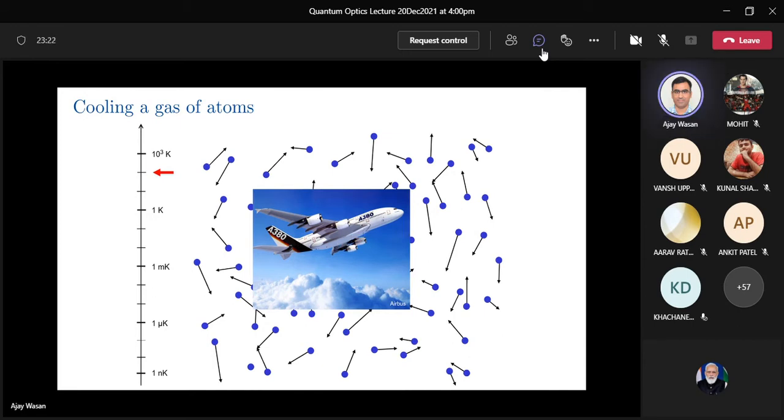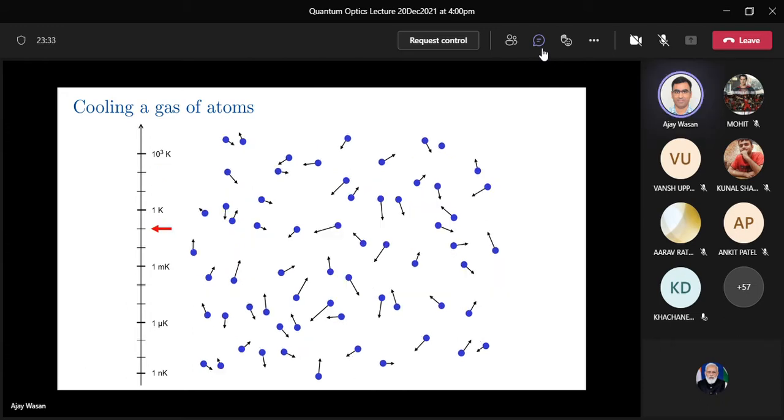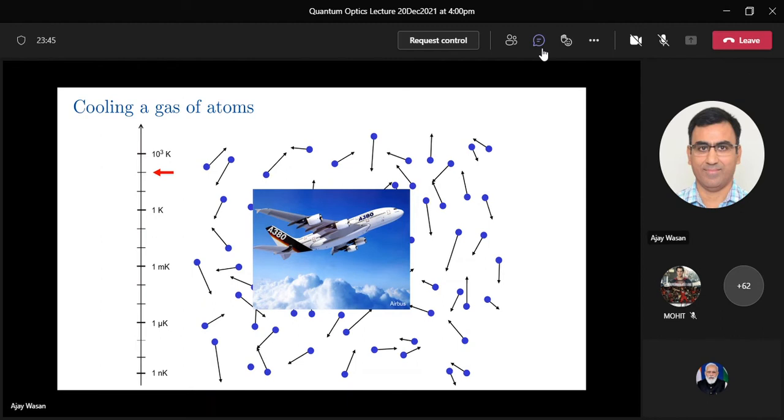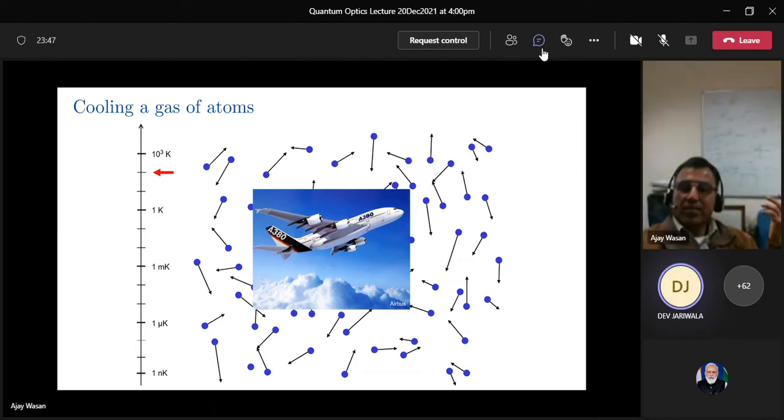What is aeroplane velocity, by the way? Anyone can guess in kilometers per hour? 800 to 1000. 600 to 700. So it is less than sound speed, that is for sure.